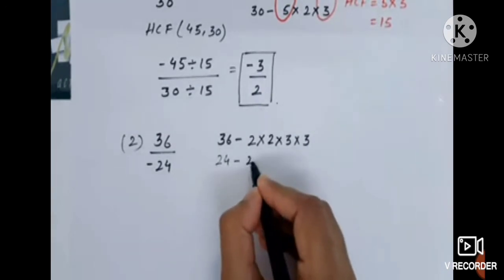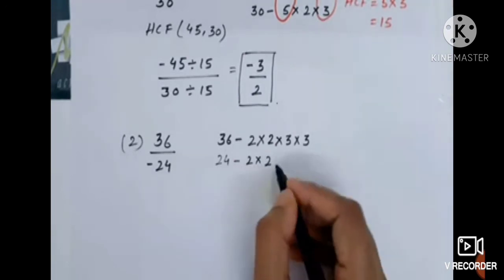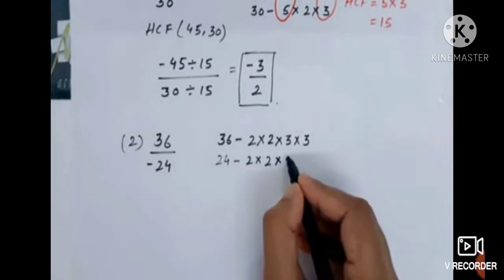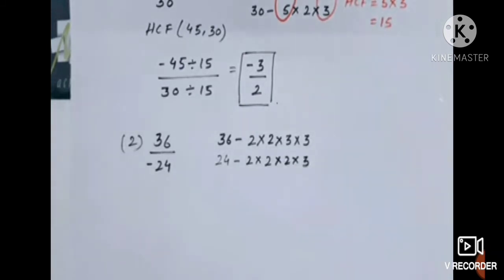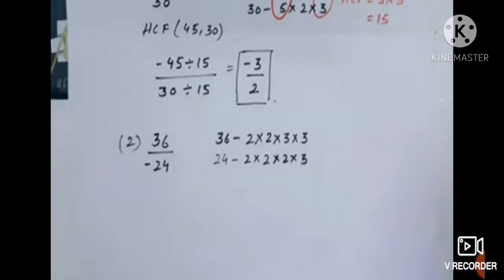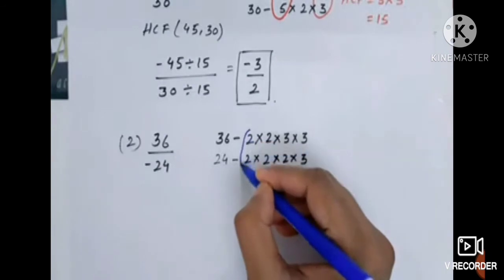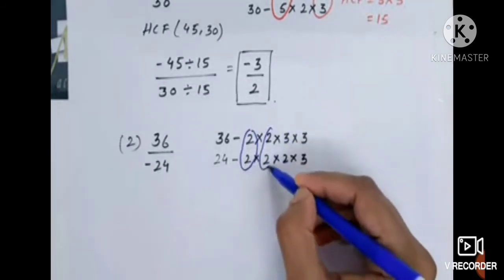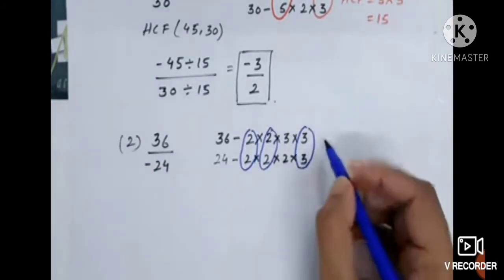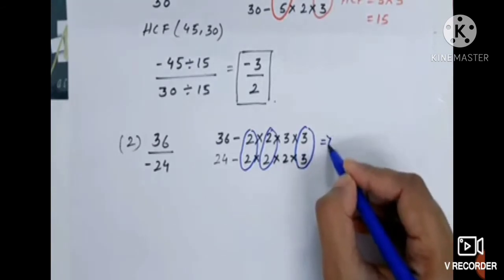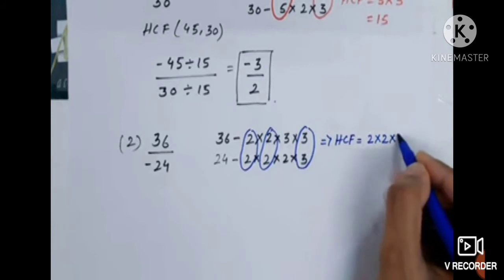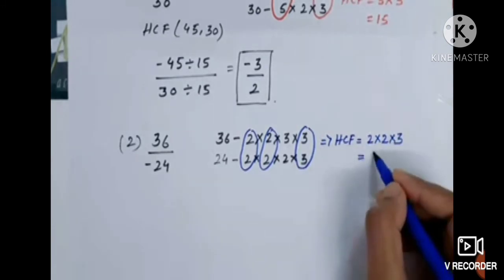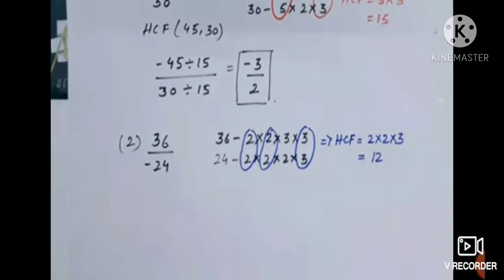For 24, it is 2 into 2 into 2 into 3. What are the common factors? The HCF is 2 into 2 into 3, which is 12.